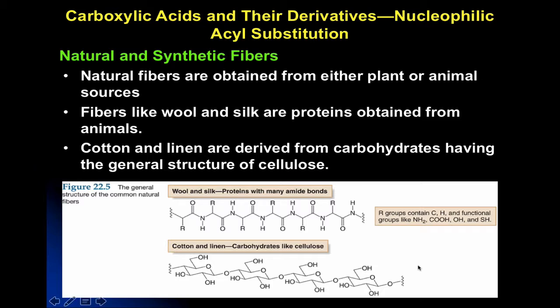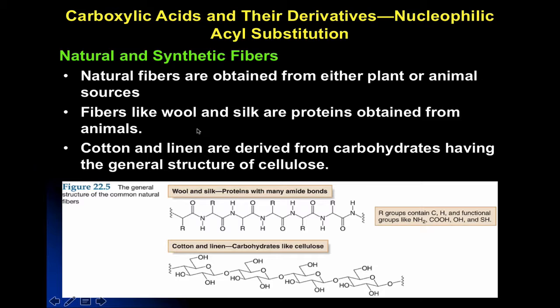Some of these functional groups that we've been talking about, the carboxylic acid derivatives, are quite useful in making natural and synthetic fibers. For example, wool and silk are polyamides. They are proteins.